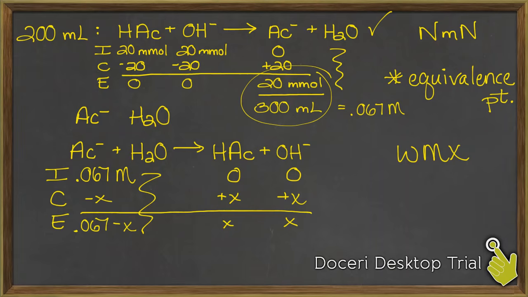Okay, now you do have to be a little bit careful here. AC minus, what is that? It's not an acid, it's a base. So I'm going to say Kb equals x squared over 0.067 minus x. And you might say, well, wait. We weren't given a Kb value in this problem. We were given a Ka.